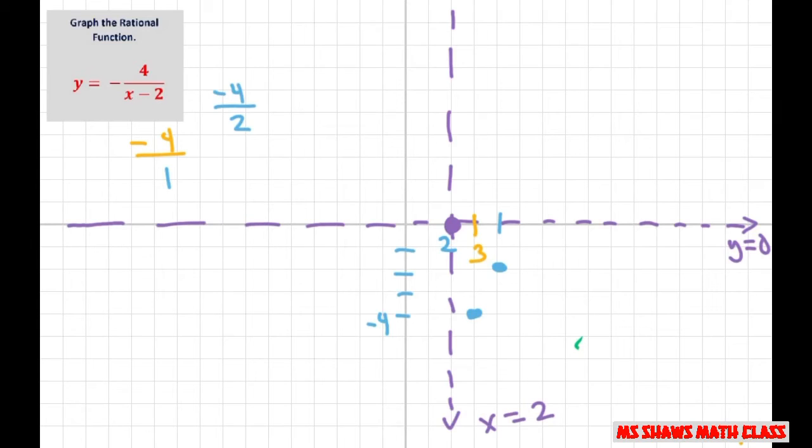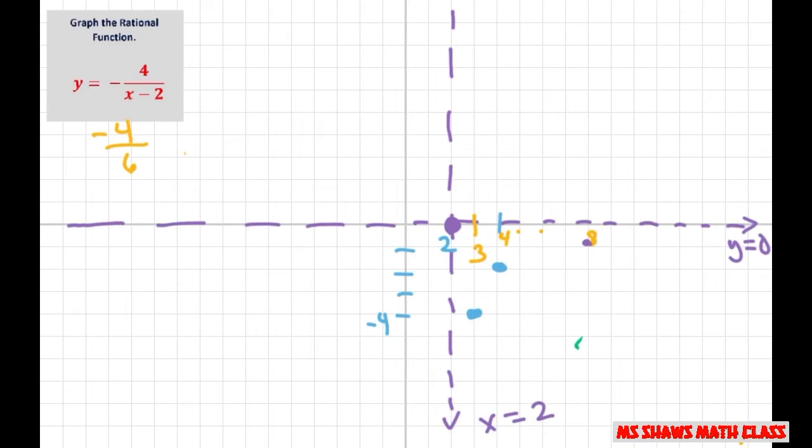Now let's plug in a larger number. So let's plug in 8. So if I go to 3, 4, 5, 6, 7, 8, where will we get? We get negative 4 divided by 8 minus 2, which is 6. That's negative 2/3. So that would be right in there.